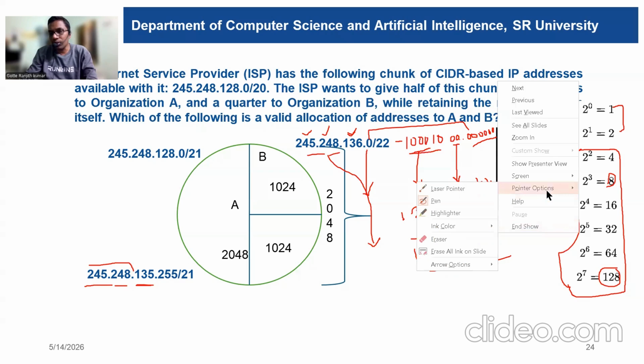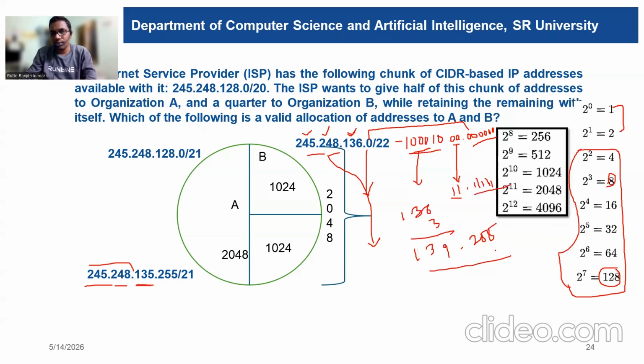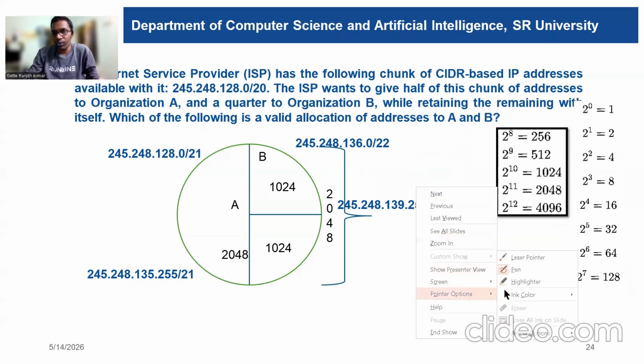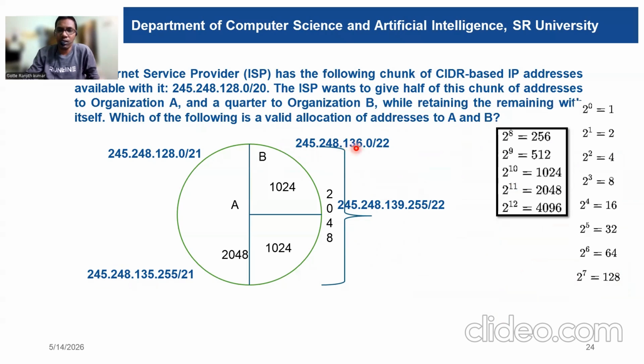So look at this. This is the maximum address, the last address of this organization B. Okay, so this is the starting address and this is the last address of the organization B, and this is the starting address and last address of the organization A.